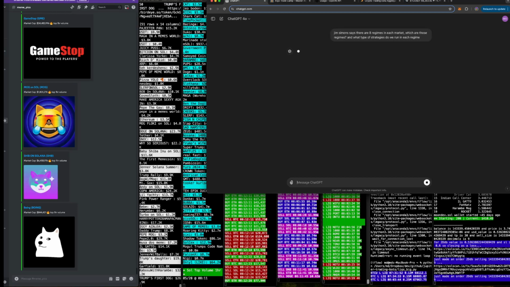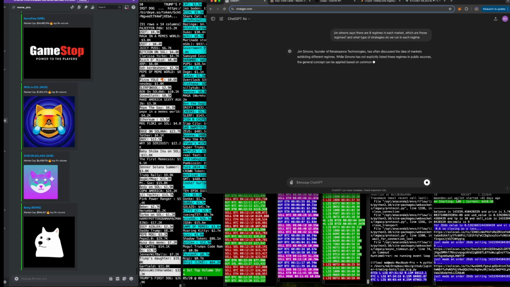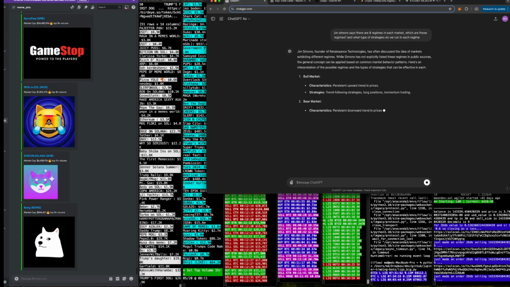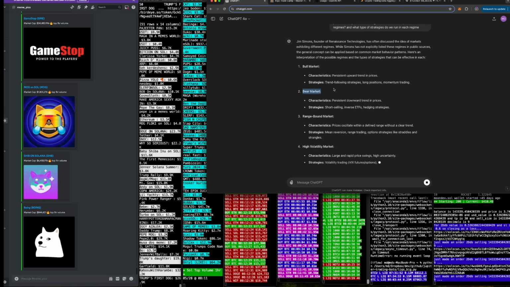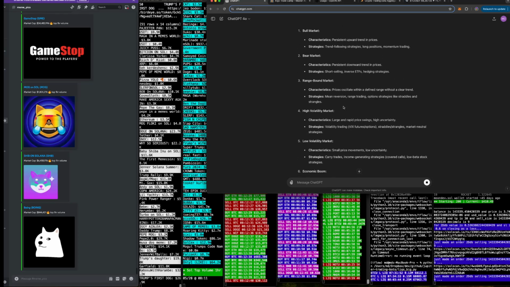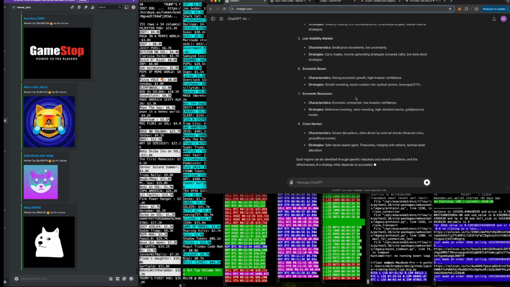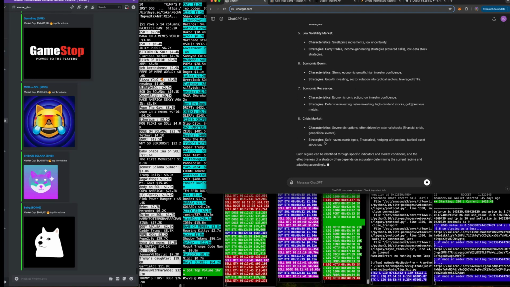Okay, so today we're going to be building breakout bots, and those would be typically good for trending bull market regimes, in my opinion. Okay, you can see trend following strategies for a bull market, bear market, range bound market, high volatility market, low volatility market, economic boom, economic recession, and crisis market.